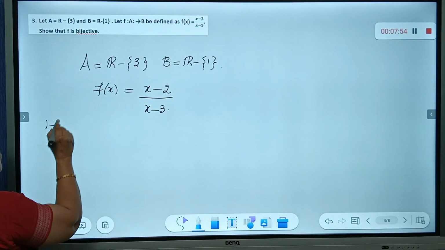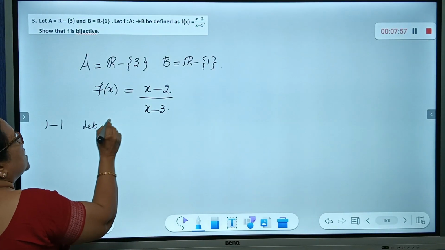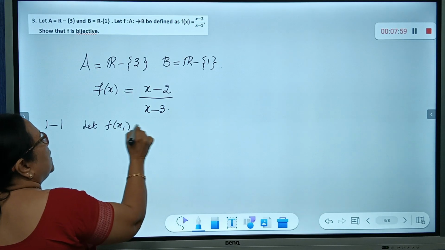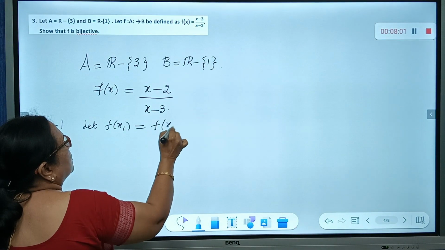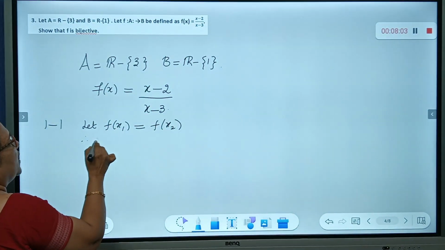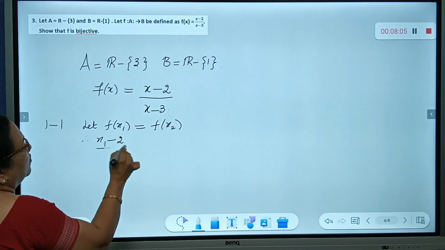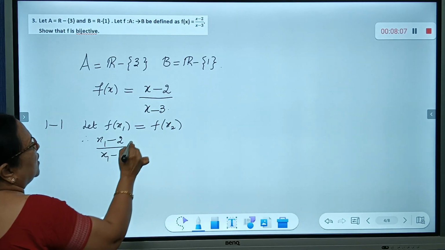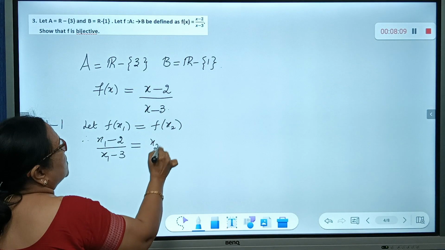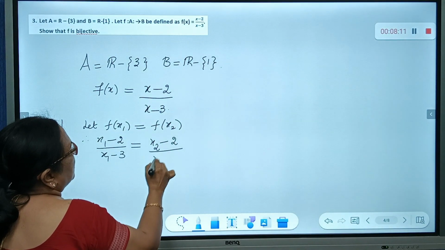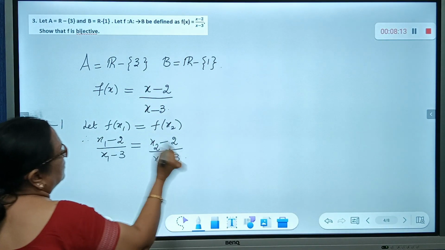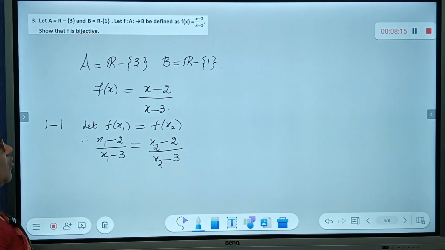So, to prove it is 1-to-1, let f of x1 be equal to f of x2. Therefore, x1 minus 2 by x1 minus 3 will be equal to x2 minus 2 by x2 minus 3. What is it we have to prove? We have to prove x1 equal to x2.